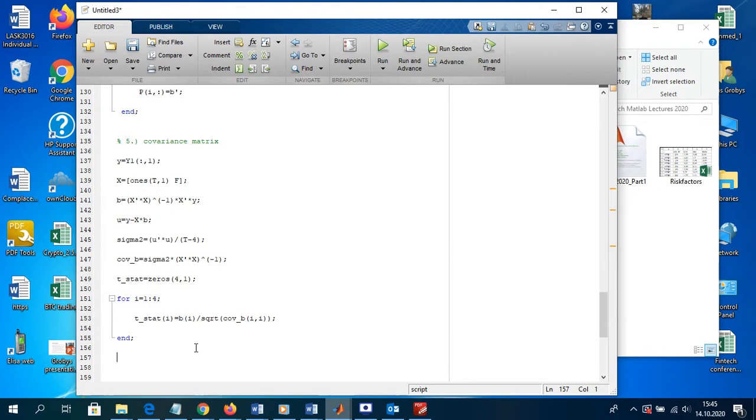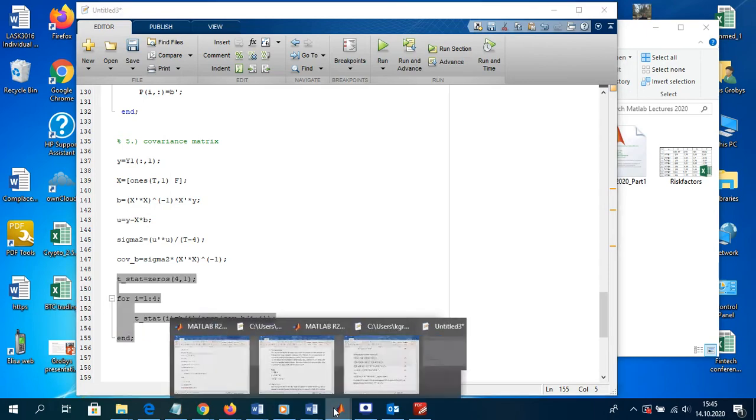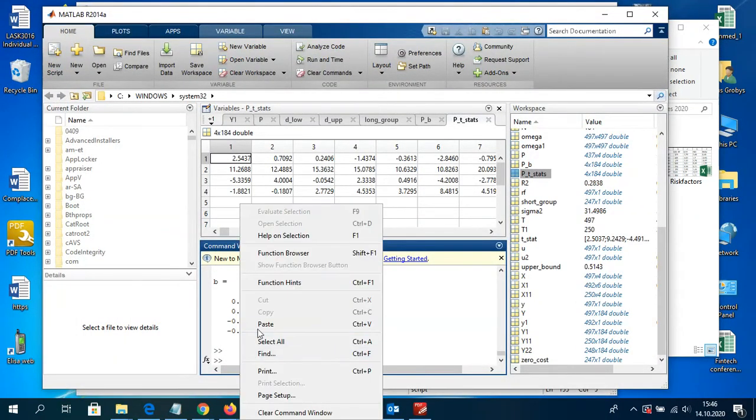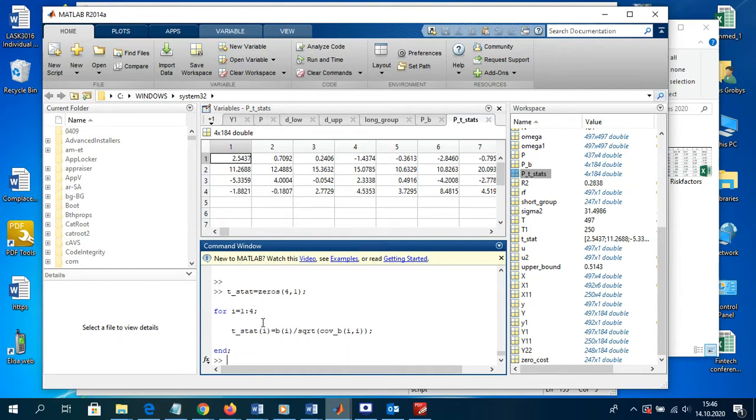Next, we can just run it. So let's copy also the second part of this code, copy it into the command window, and let's write in t stat and push the enter button. MATLAB spits out the corresponding t-statistics that are in this vector.